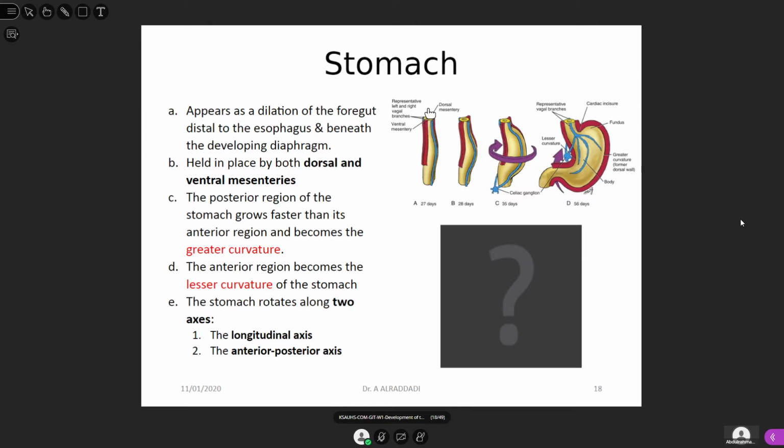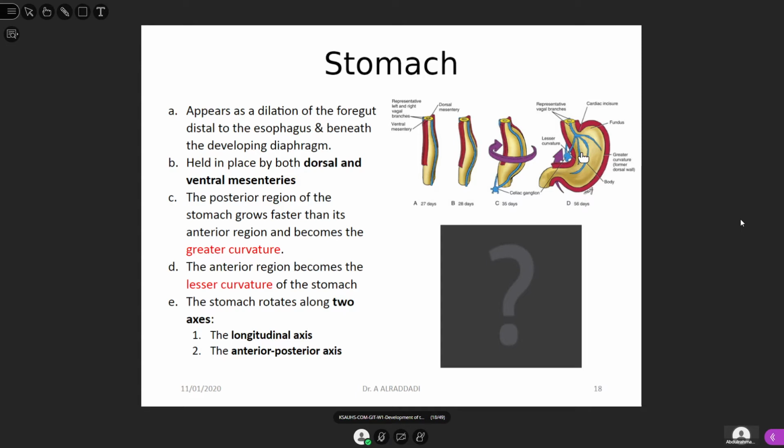So here we have the diaphragm, the stomach, which will be attached anterior and posterior to the dorsal mesentery and the ventral mesentery. The posterior region of the stomach will grow faster than the anterior region, and this leads to formation of the greater curvature of the stomach, whereas the anterior part will form the lesser curvature.